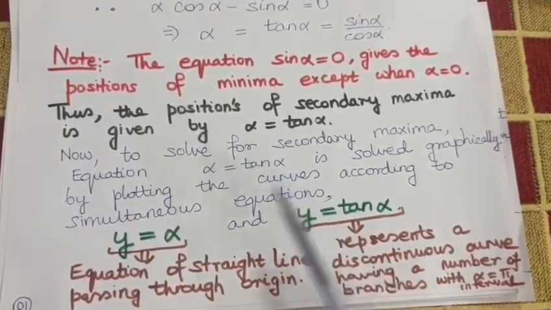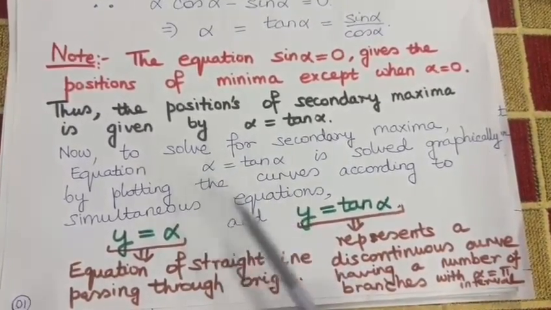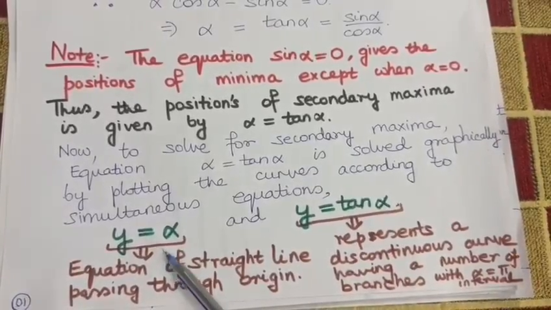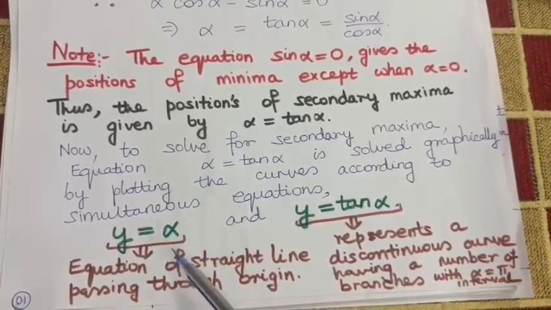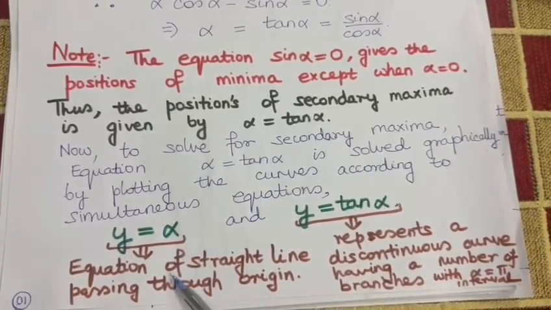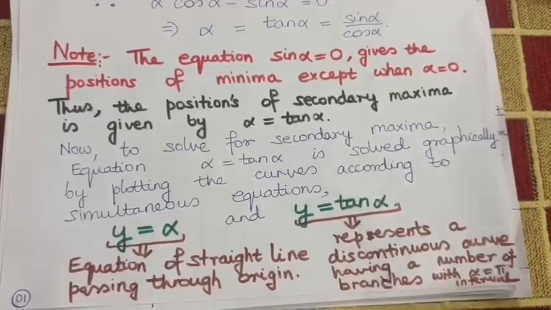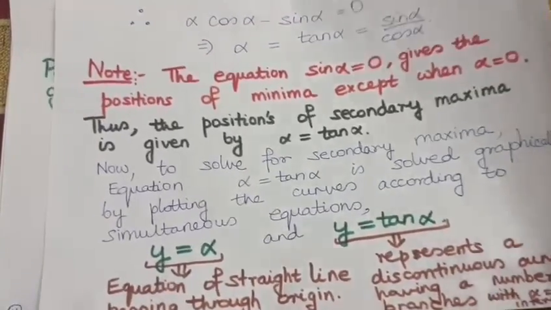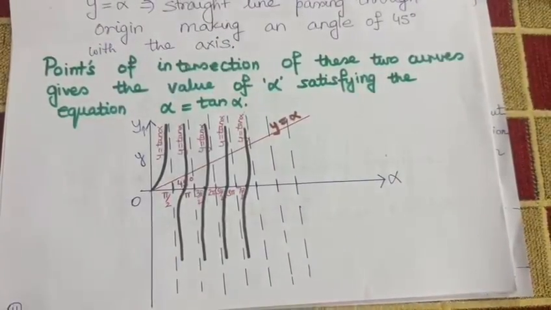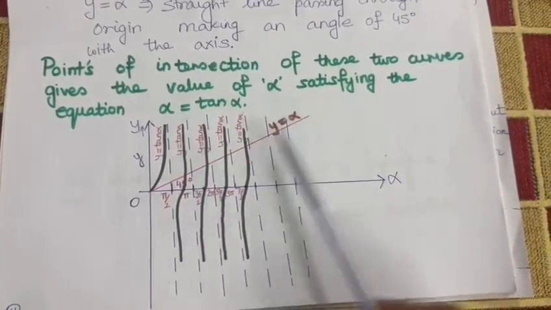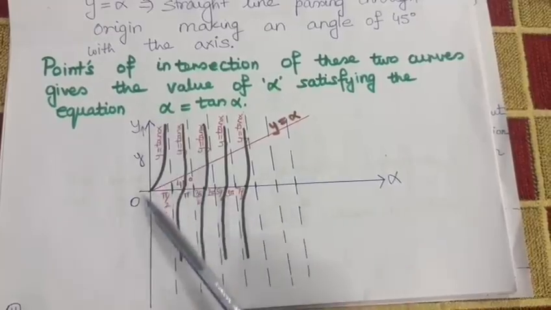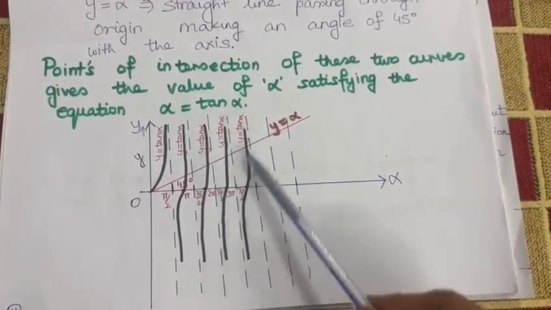Now, we solve for secondary maxima graphically by plotting y equal to alpha, which is a straight line passing through the origin inclined at an angle of 45 degrees, and y equal to tan alpha. This will represent the tangent curve. So once we make this here, this is y equal to alpha at 45 degrees and y equal to tan alpha.